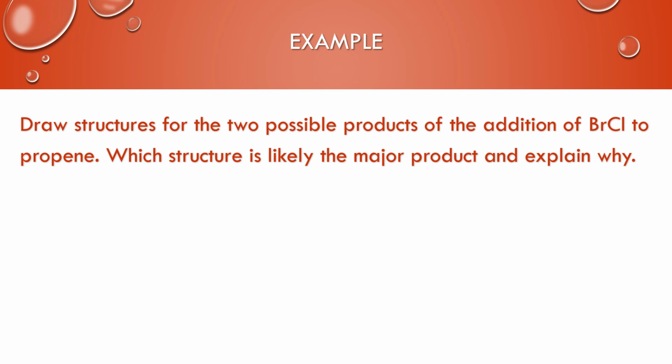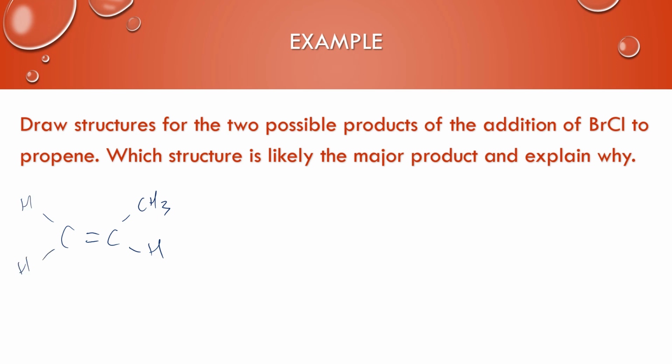Okay, so for this question, draw structures for the 2 possible products of the addition of BrCl to propene, and which structure is the major product, and explain why. So let's draw propene. I'm going to draw it like this. And this one is not a symmetrical molecule.